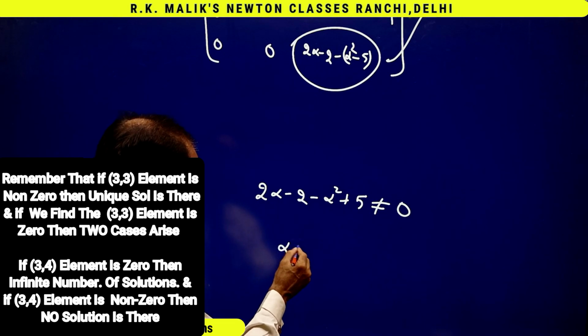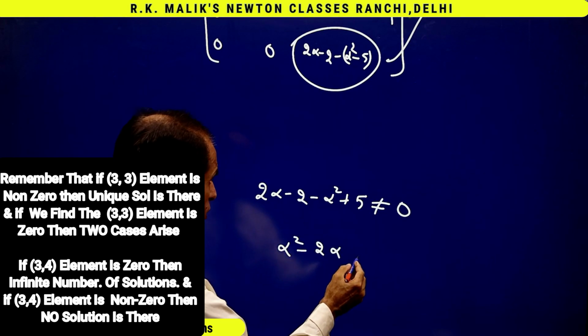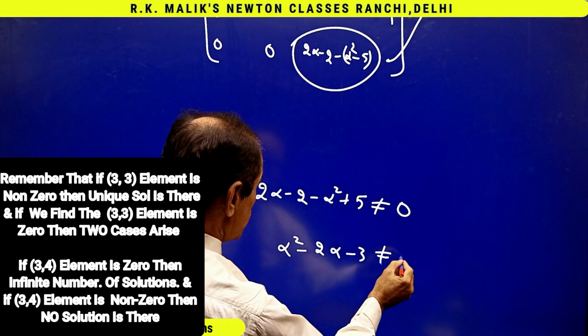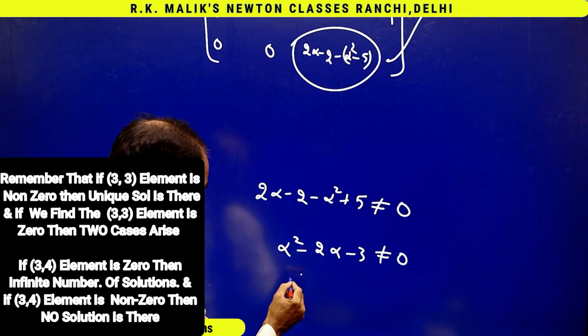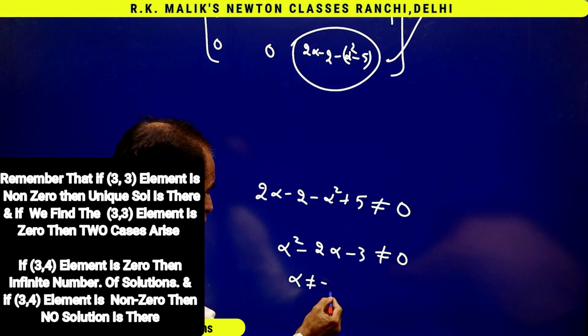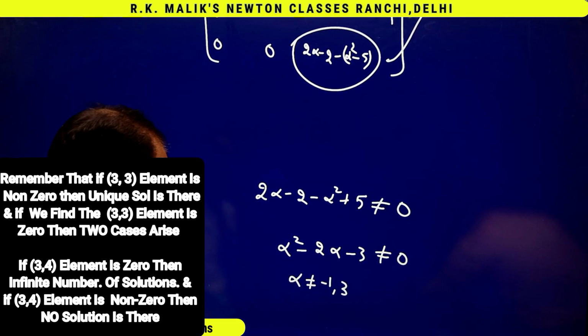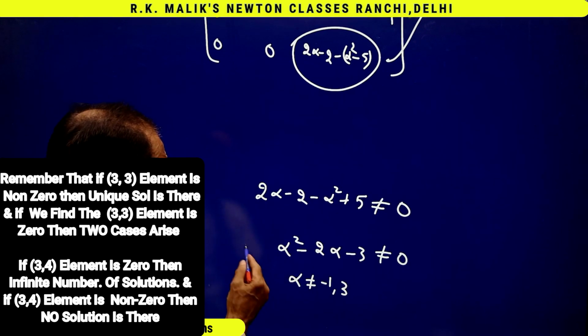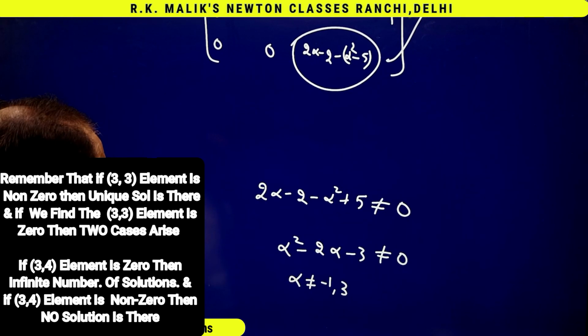That is alpha square minus 2 alpha minus 3 not equal to 0, that is alpha is not equal to minus 1 or 3. Hence, if alpha is not minus 1 or 3, then the equations will have a unique solution.